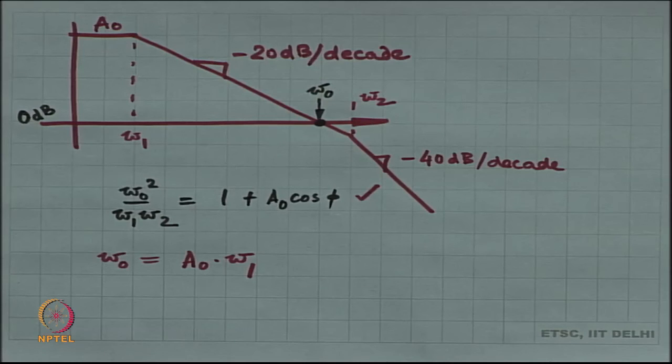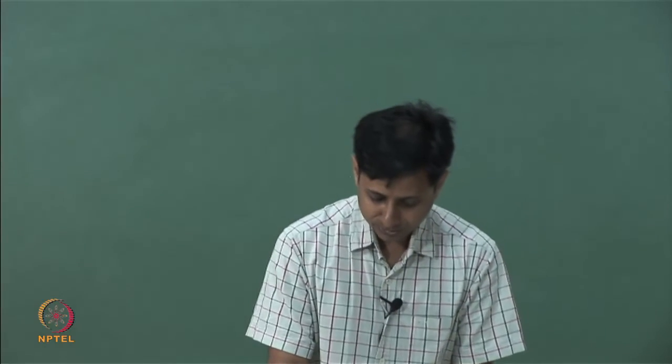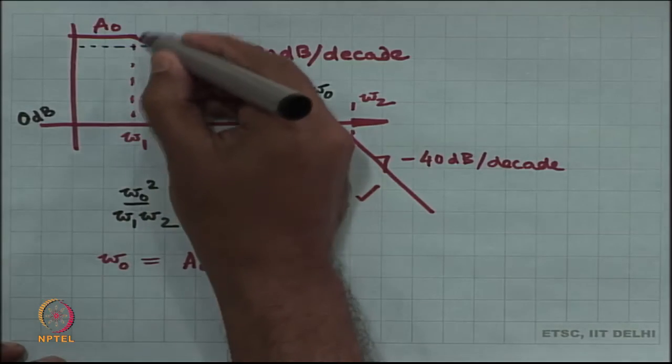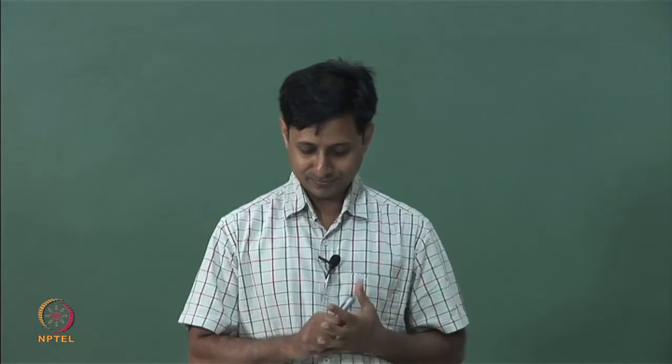All right. Now, when you talk about bandwidth, typically if you have done any communications or filters or anything, they will say what is the 3 dB bandwidth, that is what is the frequency at which gain has dropped 3 dB. Unfortunately, in amplifier design we do not talk about that bandwidth at all.